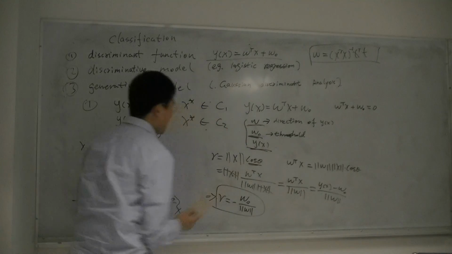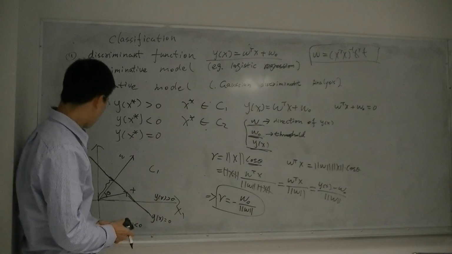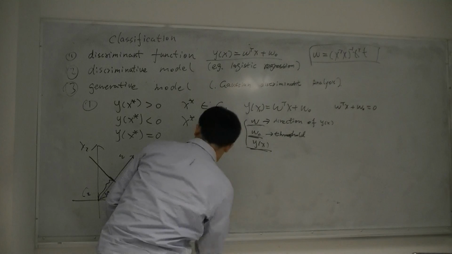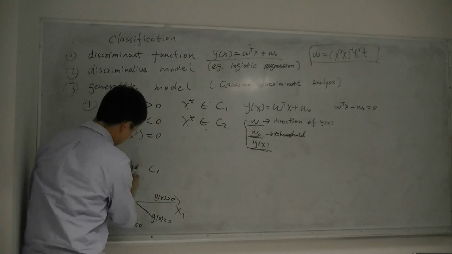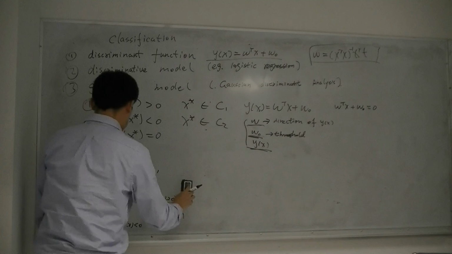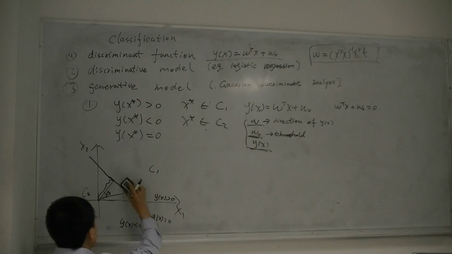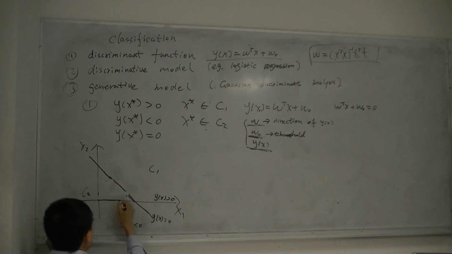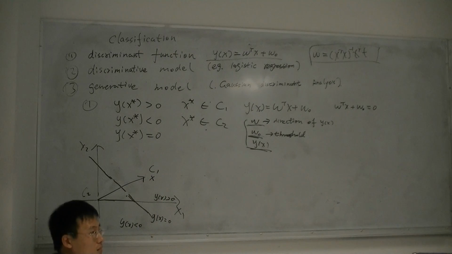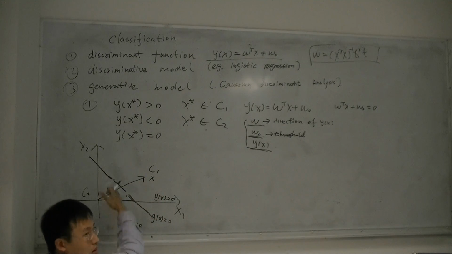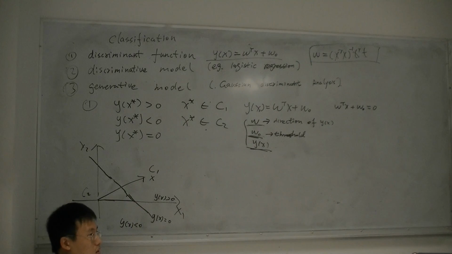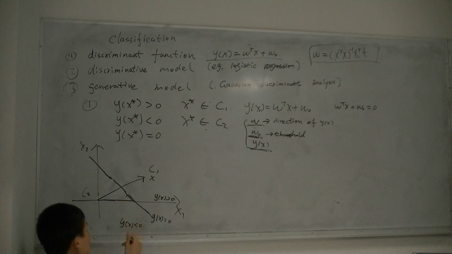So as we see, what's the y of x here? In this case, we have an arbitrary vector x that is not on the classification boundary. Then we make an orthogonal projection of x onto the classification boundary.